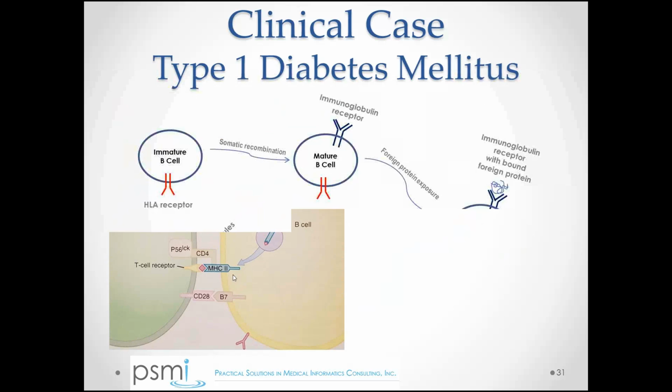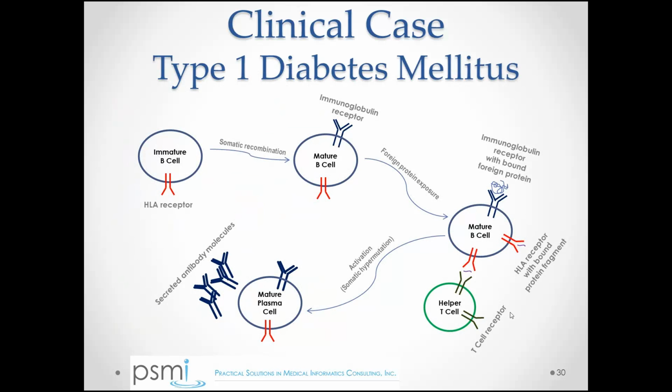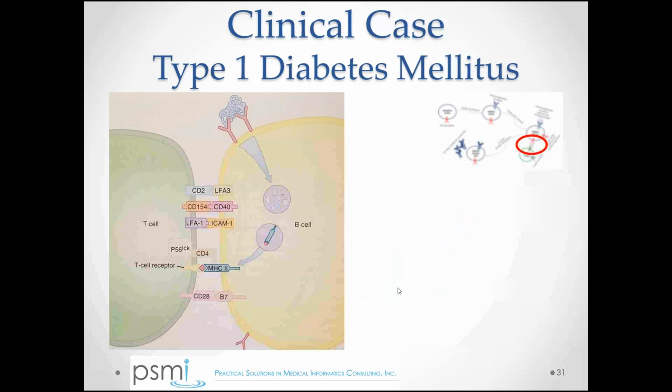So we're zooming in initially on this interaction between the mature B cell and the helper T cell. What we see here is the mature B cell has an immunoglobulin receptor, and that immunoglobulin receptor has been attracted to and is bound with a foreign protein.